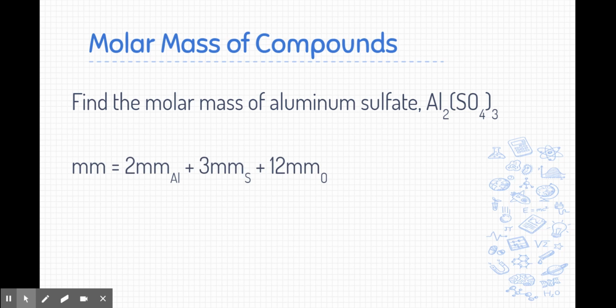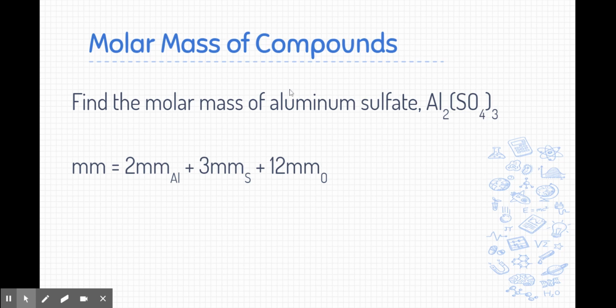The molar mass of any chemical compound is the sum of the molar masses of the atoms that make up that compound. In aluminum sulfate, there are 2 aluminum atoms. There are 3 sulfur atoms. And then there are 12 oxygen atoms. In each sulfate, there's 4, but we have 3 sulfates. 3 times 4, there's the 12.